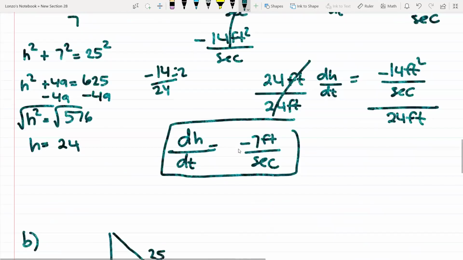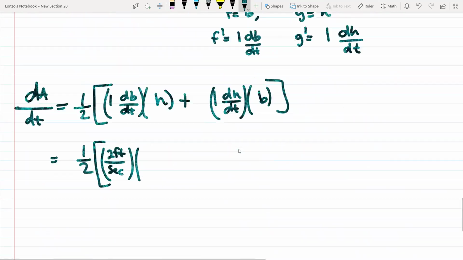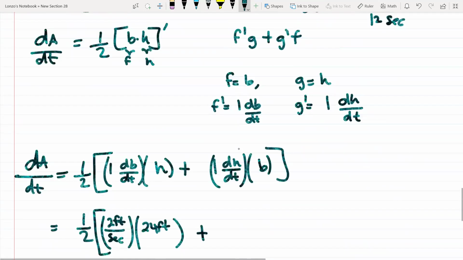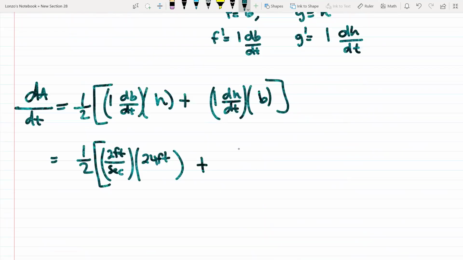Yeah, that was given. My height is 24 feet. Plus my dH/dt that was given, negative 7 over 12 feet per second. And then the base was 7 feet, that was given.